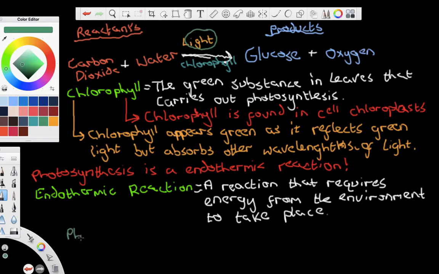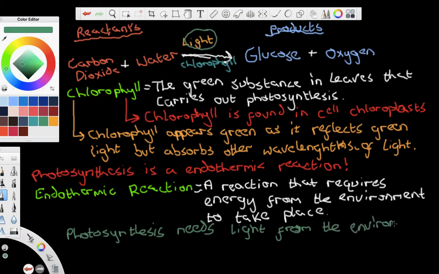So we can say that photosynthesis needs light from the environment to take place and is therefore endothermic.